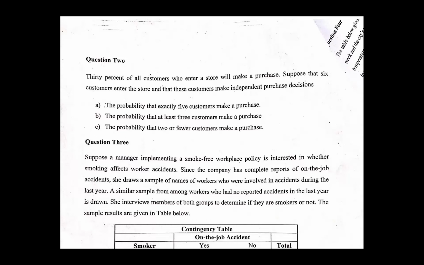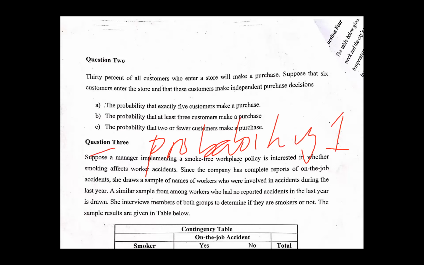of success in one independent trial. Two, you have a fixed number of trials. It will be given in the question. And the probability of success in each independent trial does not change, so it will be fixed throughout.